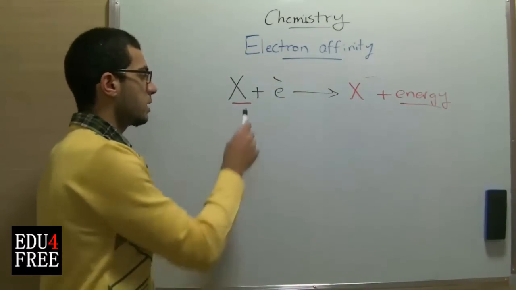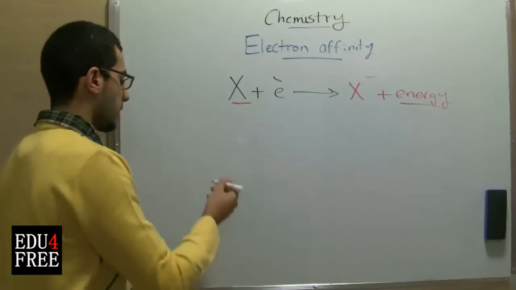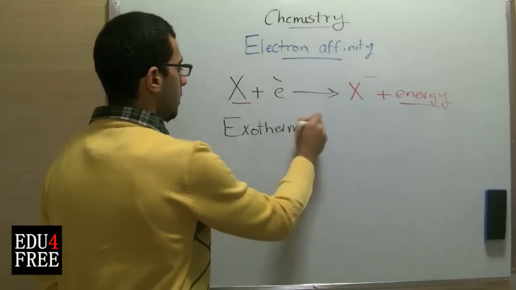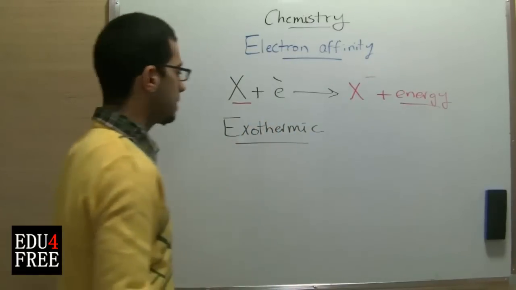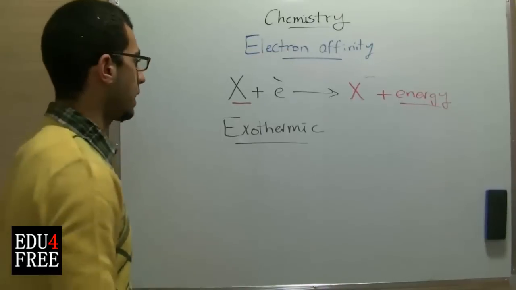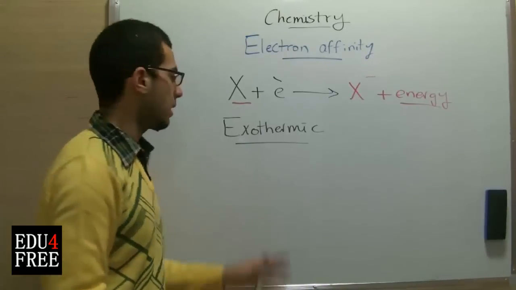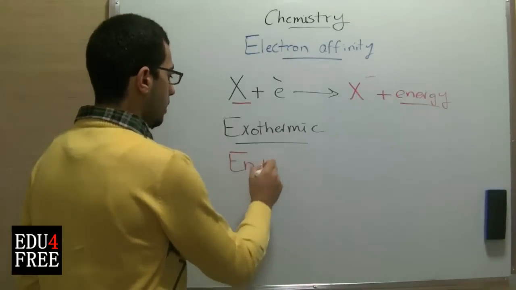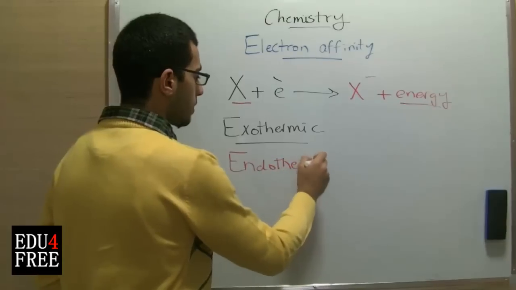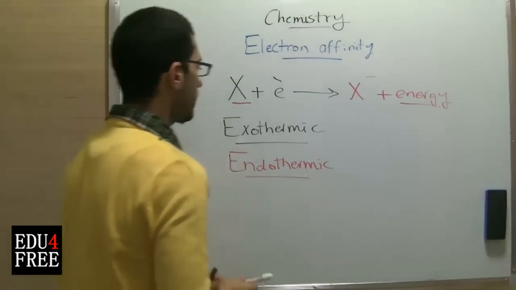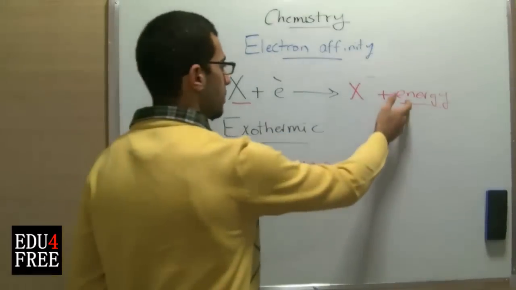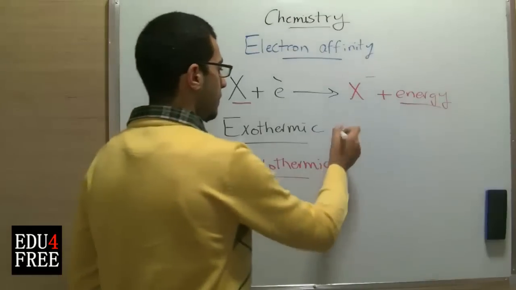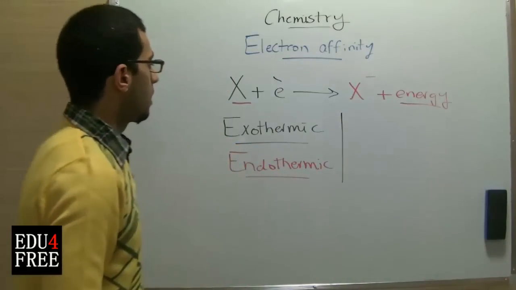Now this kind of reaction is an exothermic reaction, and exothermic means that heat is produced during that reaction. The opposite of exothermic is endothermic. So in an endothermic reaction, heat is absorbed, while in exothermic reactions, heat is released. So this is the first part.